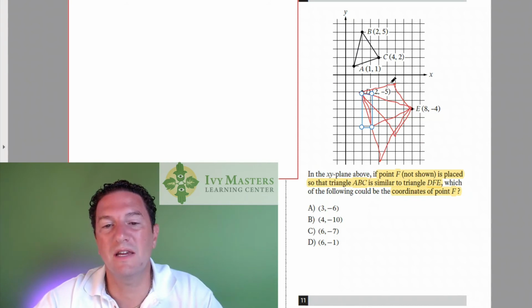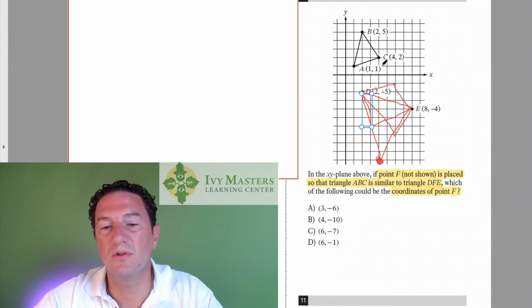Or in this case, it looks like our triangle may be upside down. So I'm going to check from here. If I go down 1, 2, 3, 4, 5, 6, 7, 8 and run 1, 2, it looks like this is going to be the spot for my coordinate.